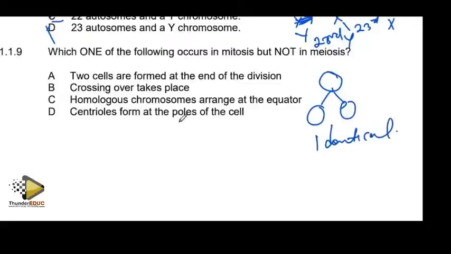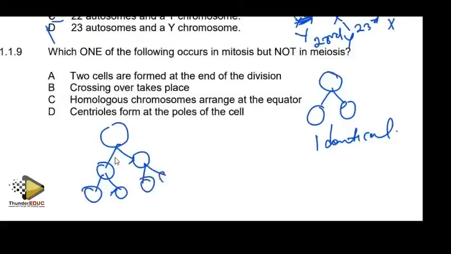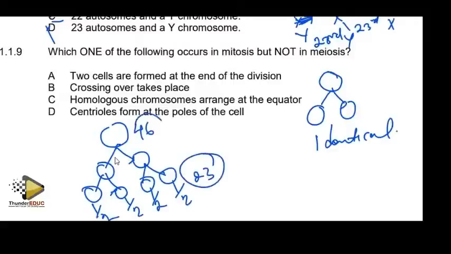But if you look at meiosis, you have one cell, you form two cells in the first meiotic division, you divide again, you form four cells. These are the ones which form the sperms and the ova. They have half the chromosome number of the parent: for a human, it is 46, and here we will have 23 chromosomes.